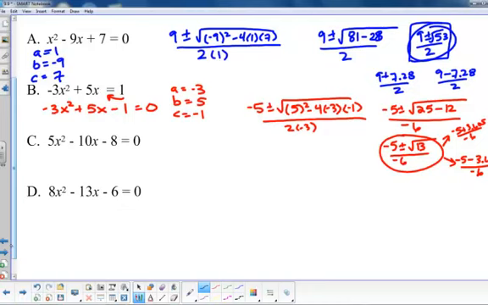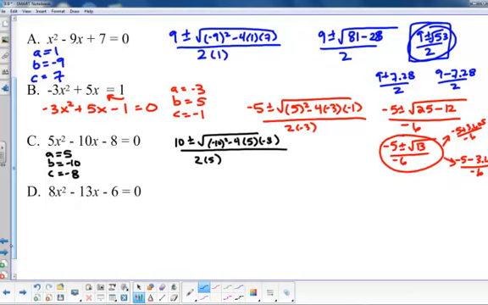Letter C. A is 5, B is negative 10, C is negative 8. Negative B, plus or minus square root b squared minus 4ac divided by 2a.